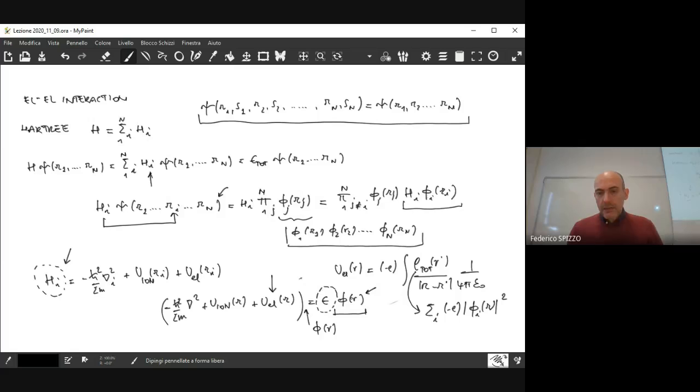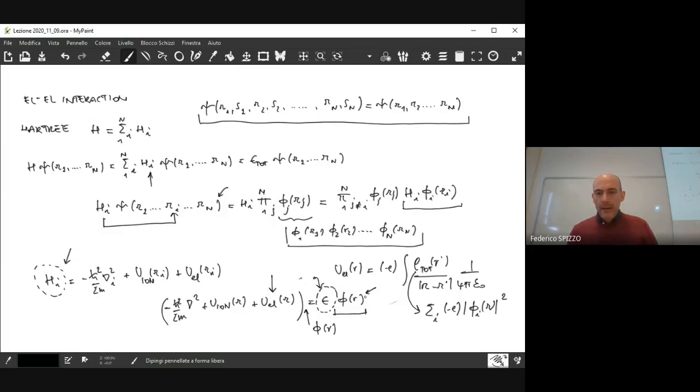So the interaction that in principle means strong interference between the levels. So in principle, it should not be possible to consider single electronic levels. But in this approximation, we again refer to single electron levels. So the structure of the problem is exactly the same structure that we had for Bloch electrons, so single electron levels, and the effect of the interaction is just included in the energy.